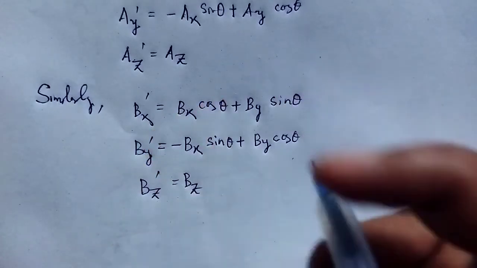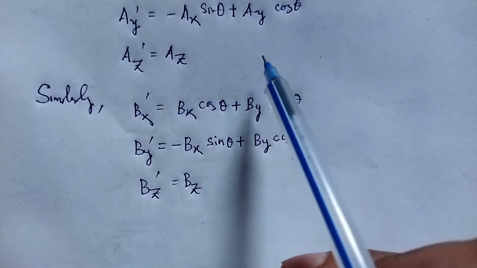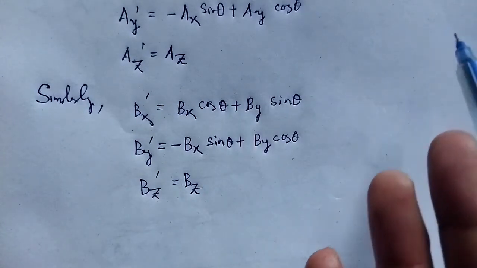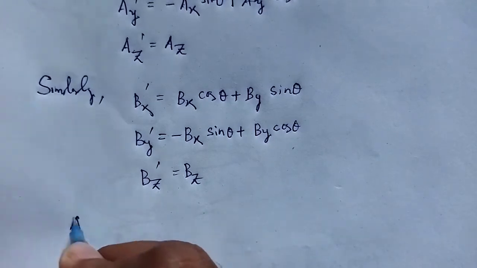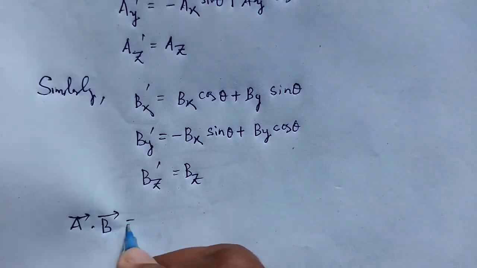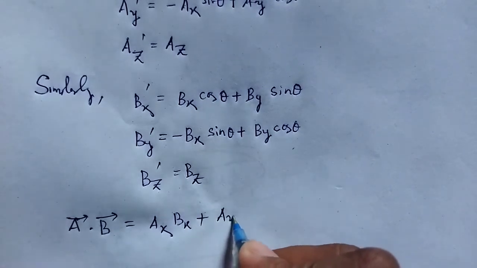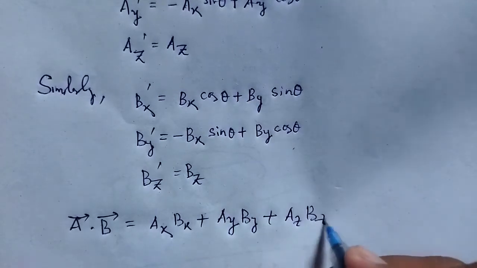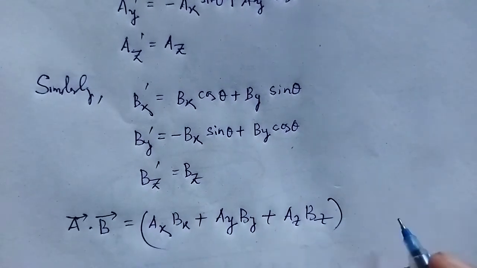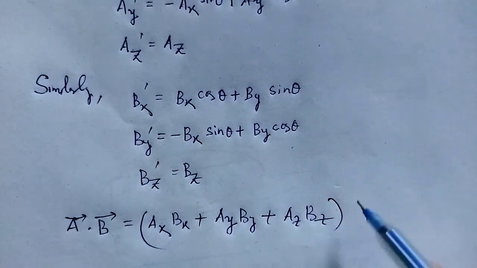Hence, as ax, ay and az are the components of vector A along the x, y, z axes, A dot B is equal to ax bx plus ay by plus az bz, as obtained earlier in the rectangular components.